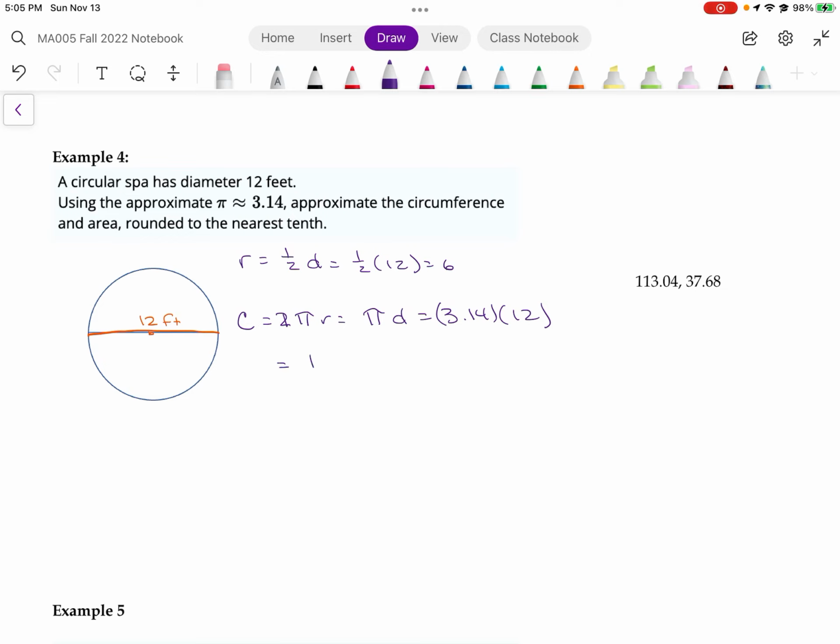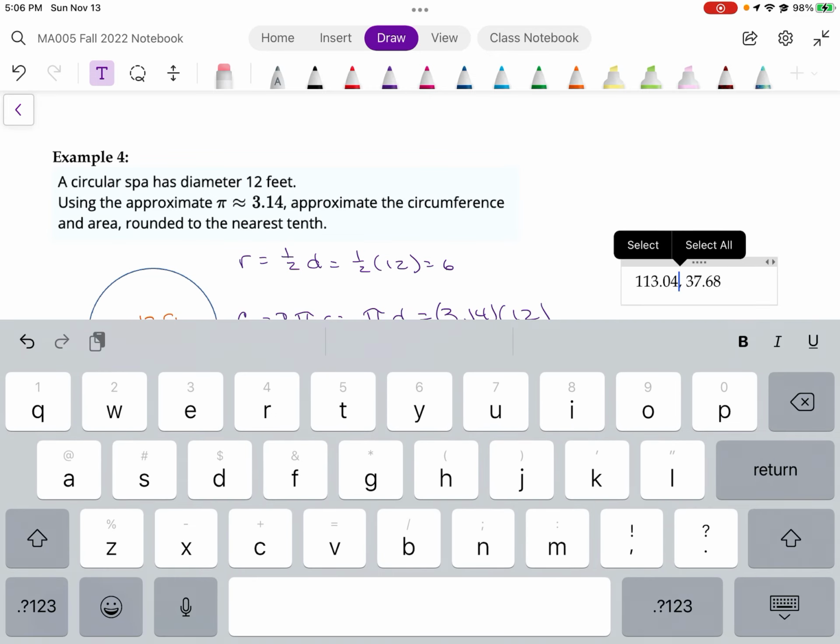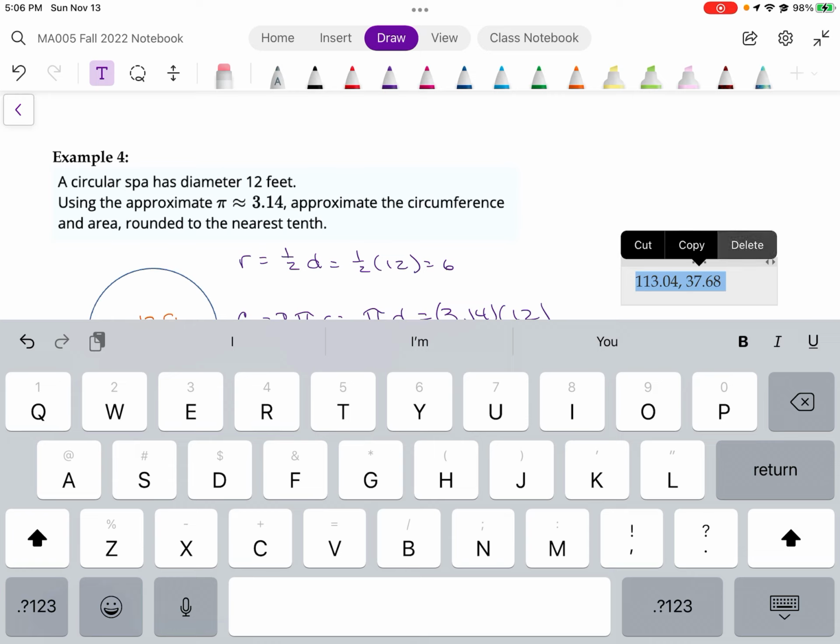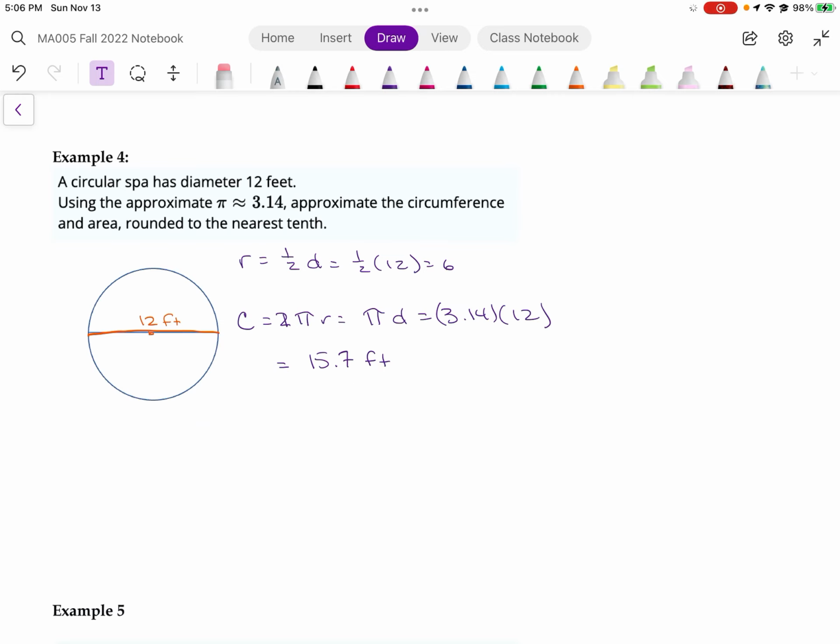Oh gosh, I was looking at the wrong one. Those were the answers that were over there. That was not 15.7. Goodness. Okay, we're going to fix this.